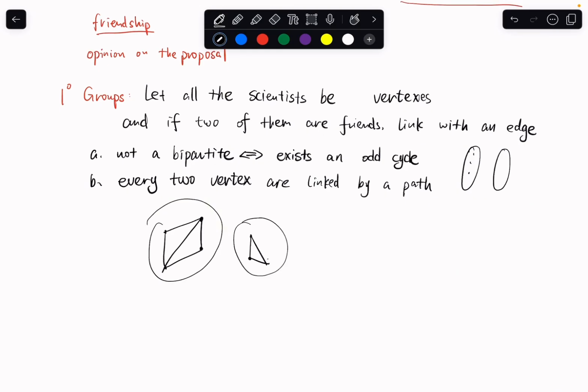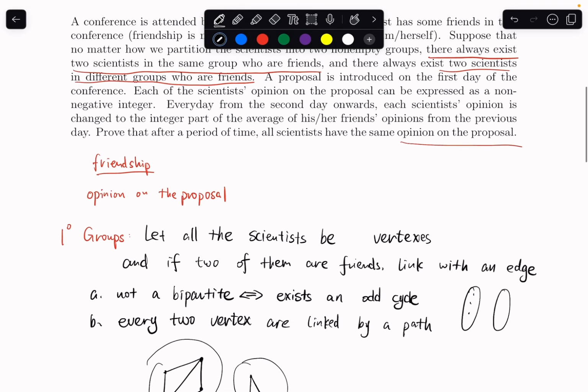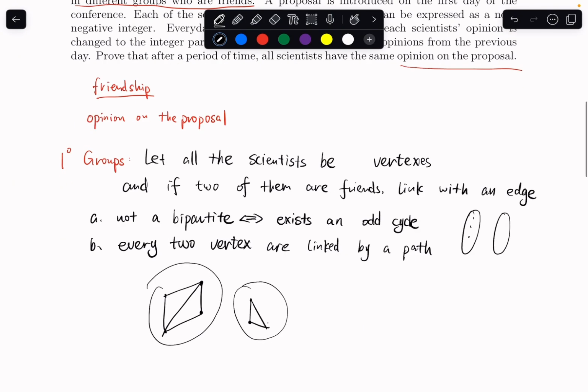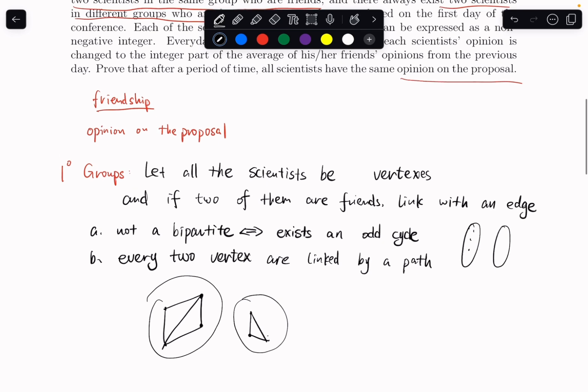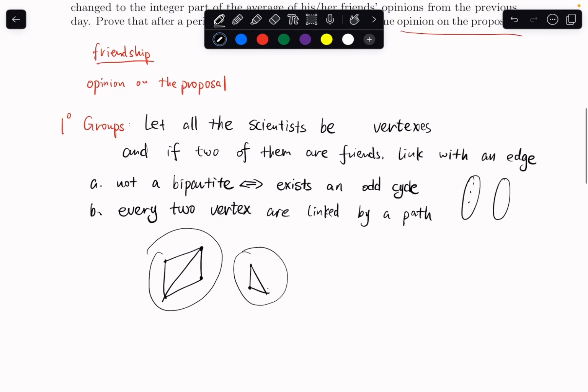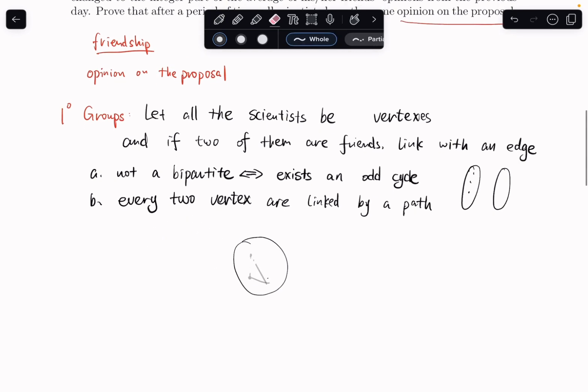Then they have no edges between them, which contradicts the condition that two scientists in different groups are friends. So these two are right.